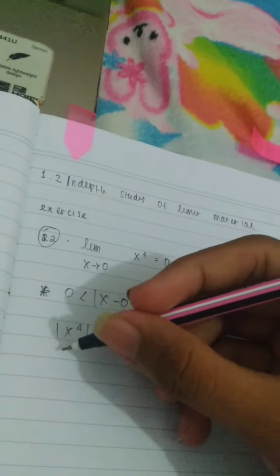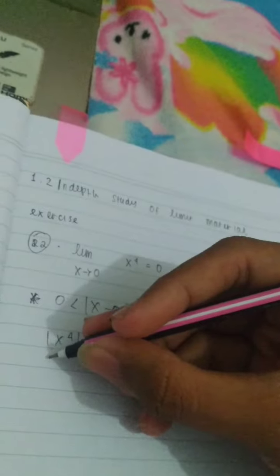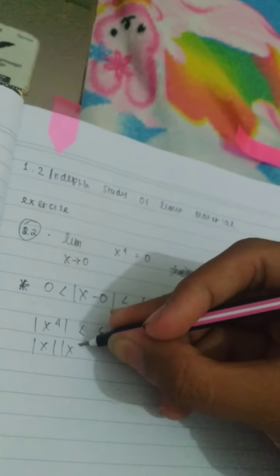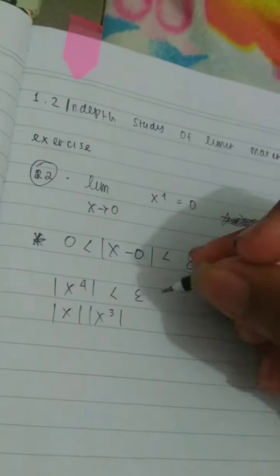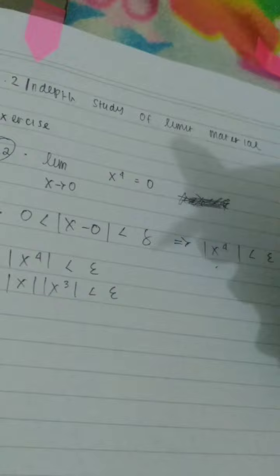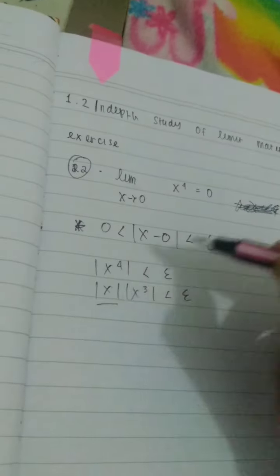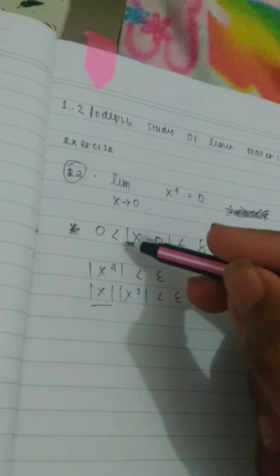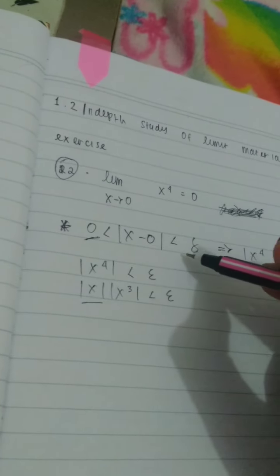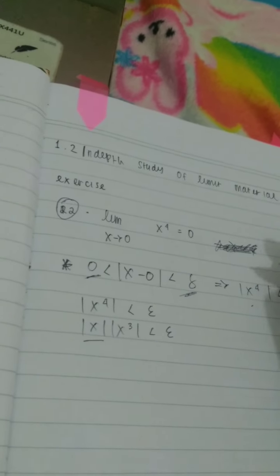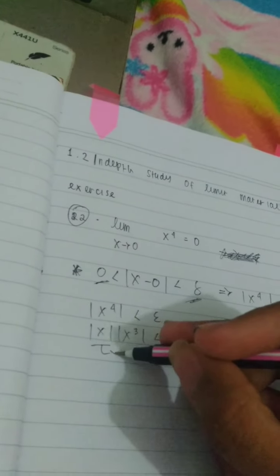We have to change x⁴ to x times x³, which is lower than epsilon. So we know that x is higher than 0 and lower than delta. So we take that x equals 1.